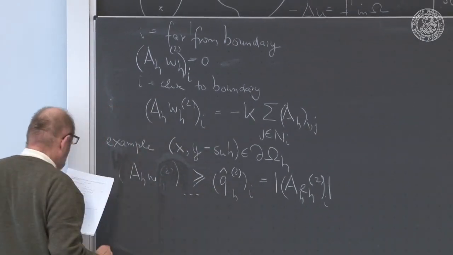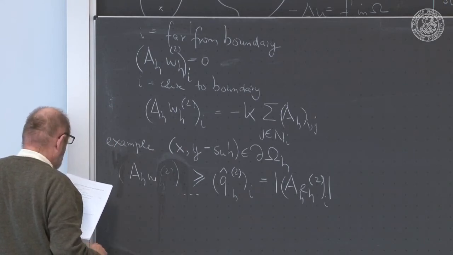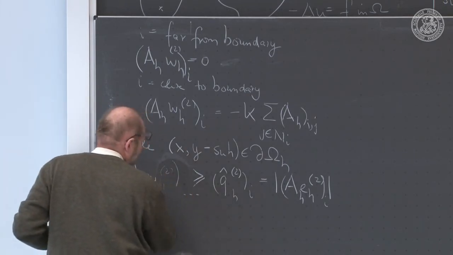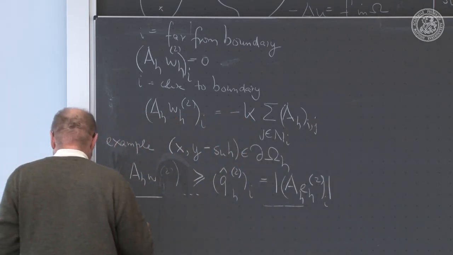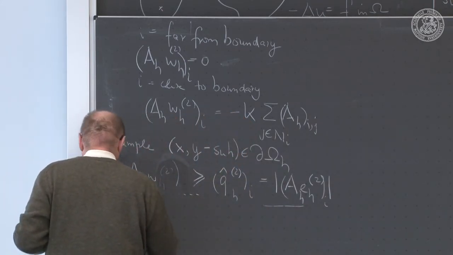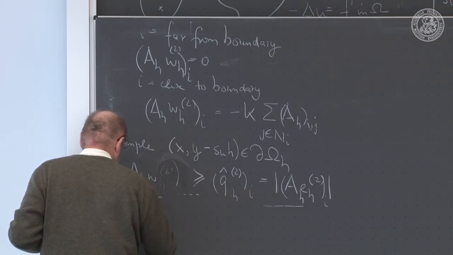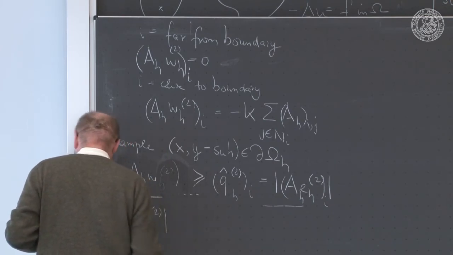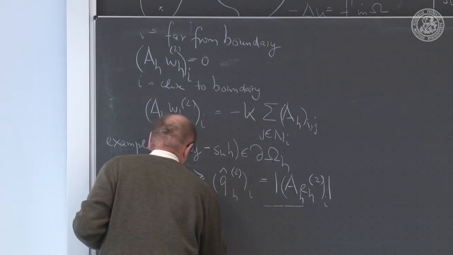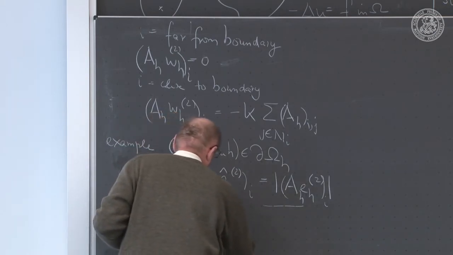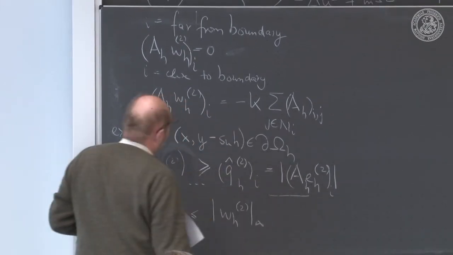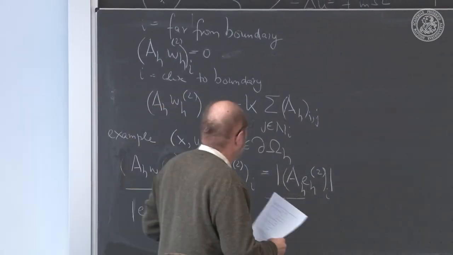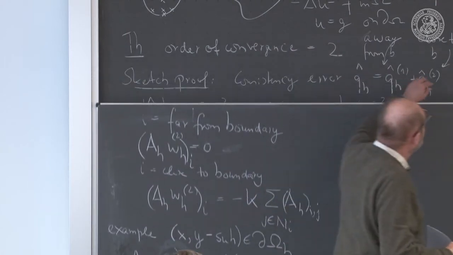So, and this as a consequence now, again, you see, we can again apply inverse monotonicity, and this tells us that at the end, this critical part here can be estimated by this WH2. And this WH2, where was it?